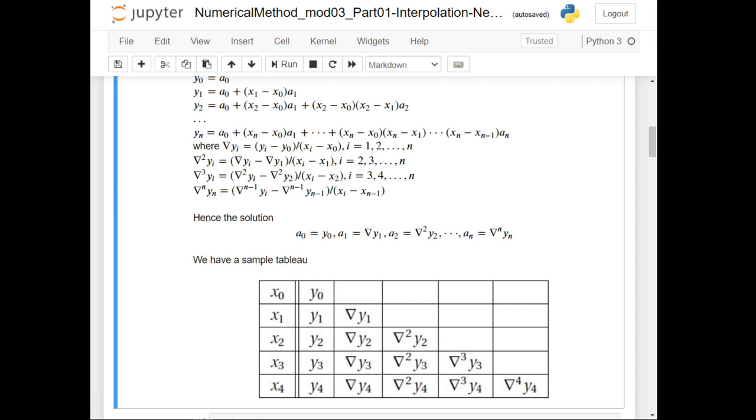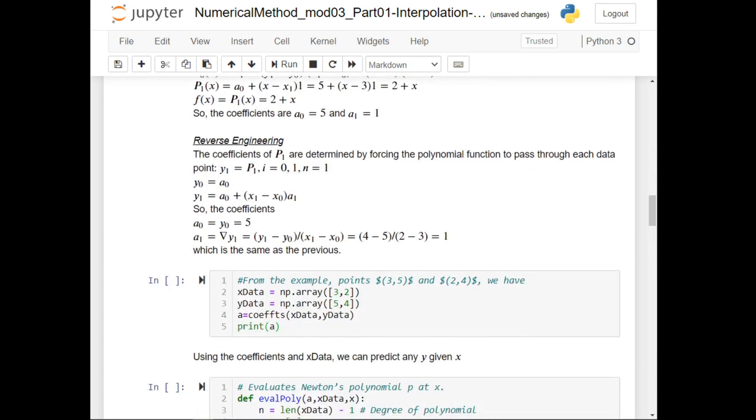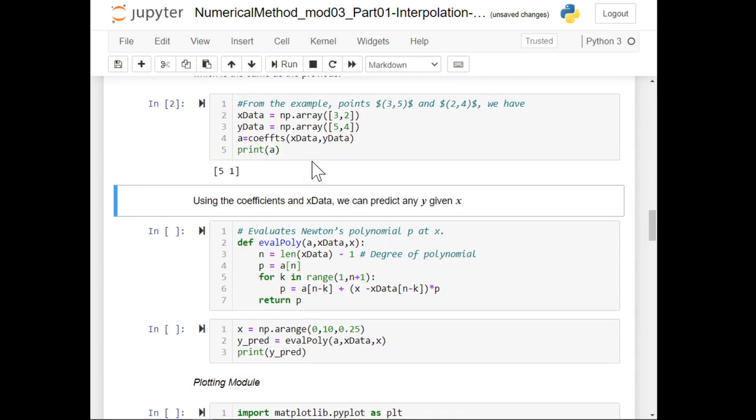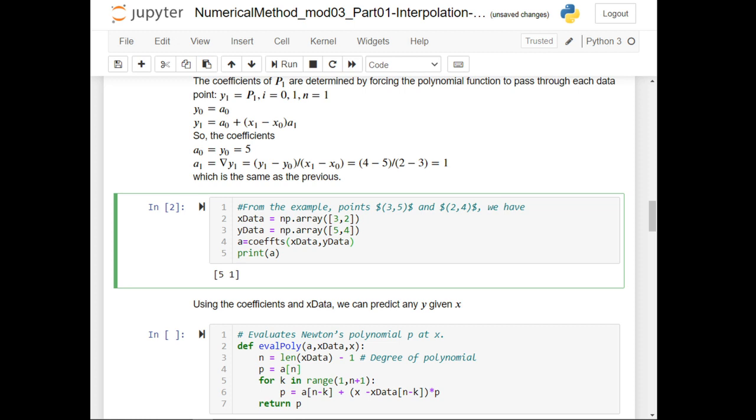We know that's equivalent to the coefficient a of n, and the n determines the degree of the polynomial. So when we run this, we have the function already, and this one, 5 and 1, is the same as the previous 5 and 1, meaning we have the coefficients a of 0 which is 5, and a of 1 equal to 1. That's it. We were able to get the coefficients a.